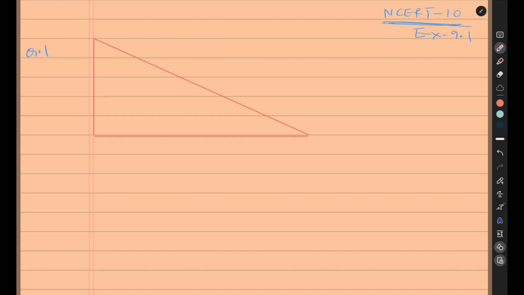So let us just try to name the points or the vertices. What we can see here is that the length of the rope is 20 meters, and the rope is AC here.